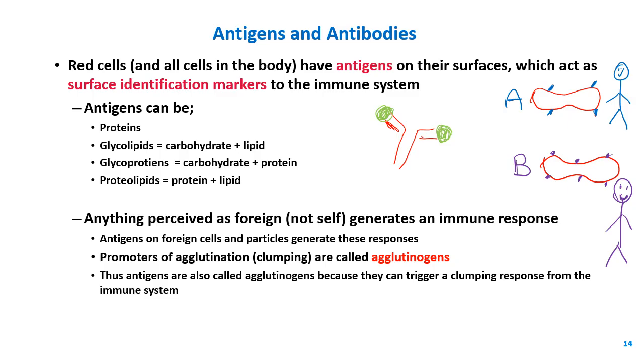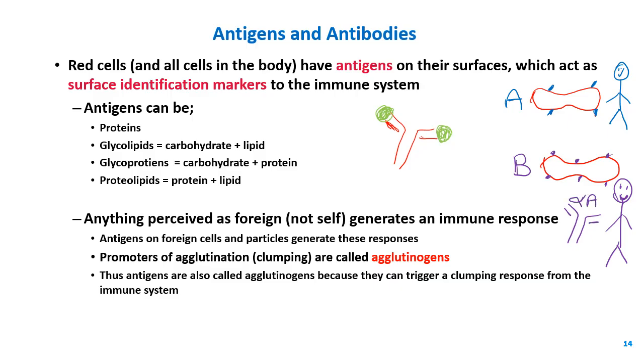Happy people. Okay, so what's going to happen? Your B person does not have A antigen. Your B person is going to make antibodies against type A antigen. So your B person is going to make this antibody molecule that is anti-A.